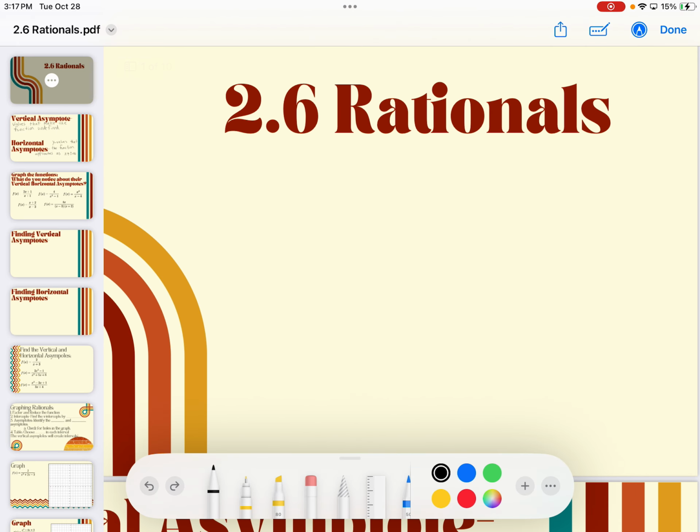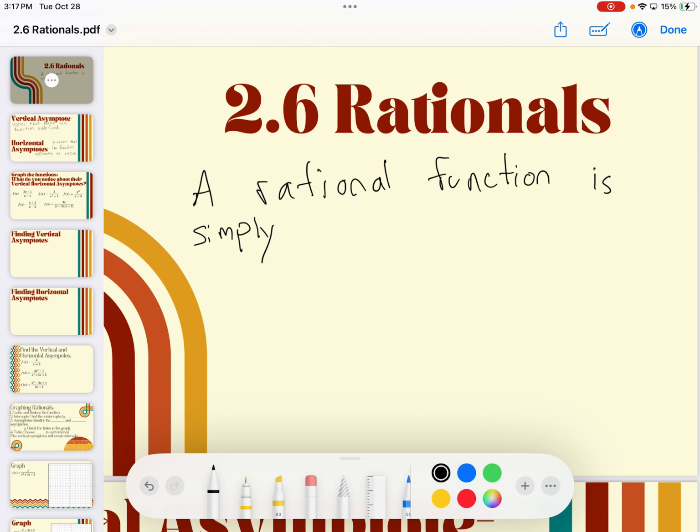A rational function is simply the quotient, which remember also means fraction, of two polynomials.